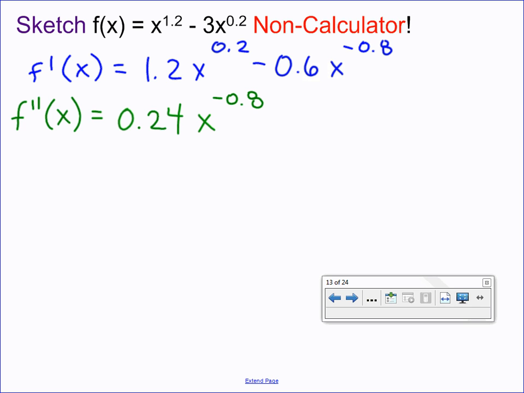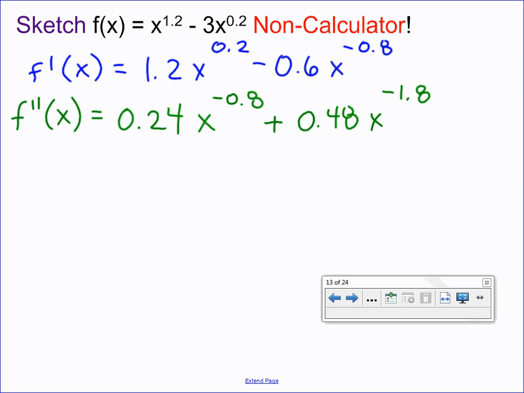Is that right? Minus exponent times the base times the constant. So I get negative 0.6 times negative 0.8 is overall positive 0.48. Are you guys getting positive 0.48? x to the 1 less than negative 0.8 is negative 1.8. Yes?